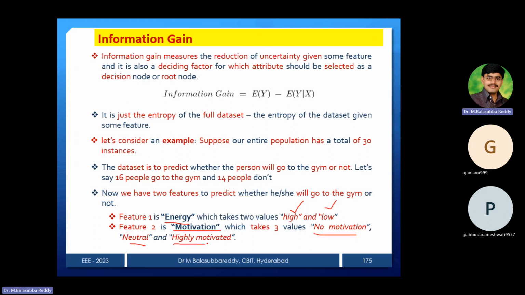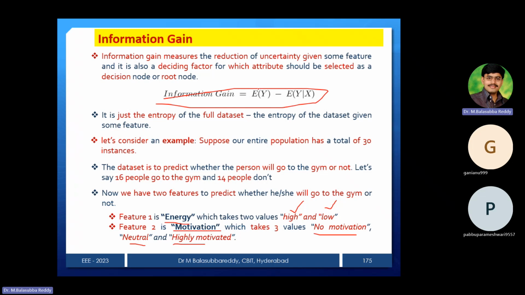Now, which one do I take as the root node to start the problem? For any decision tree problem, we have to start with the root node. With many features, which one do I take as the root node? That is the decision factor here. For that, we use the information gain formula.